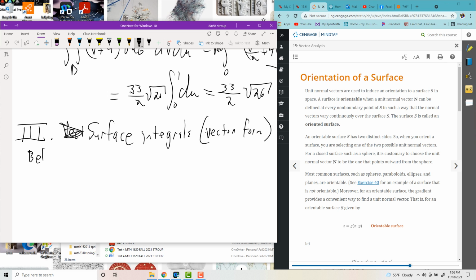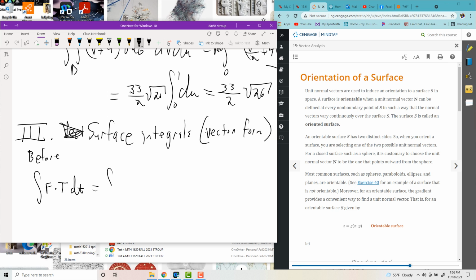So again, before, we had the integral of f dot dr, and if you remember when we first initially introduced it, it was really the alignment between the vector in the force field and the tangent vector to the curve, dt.